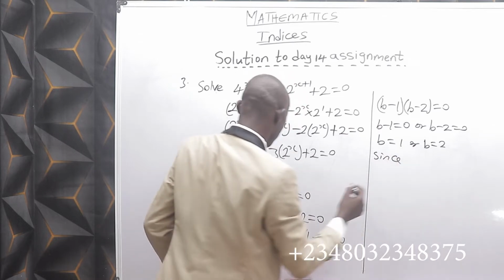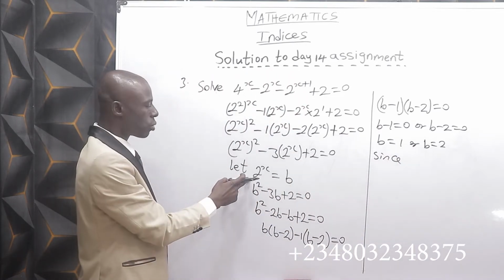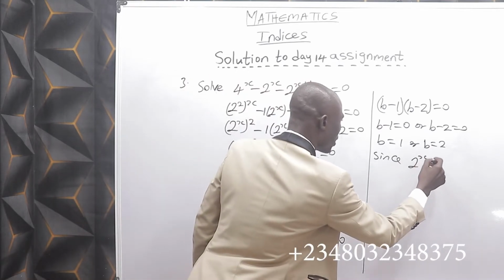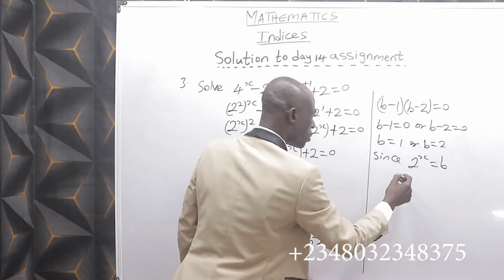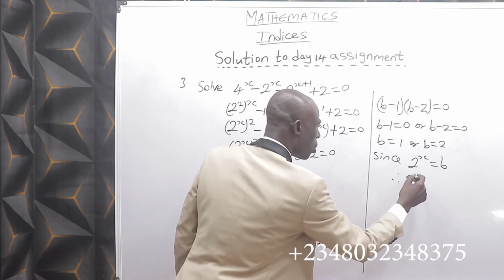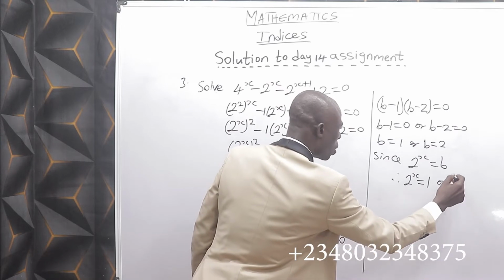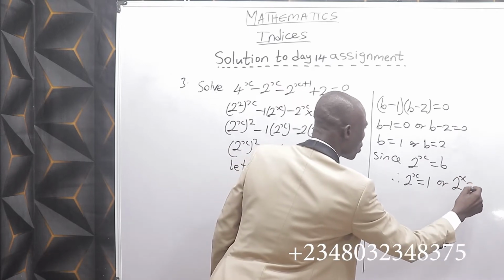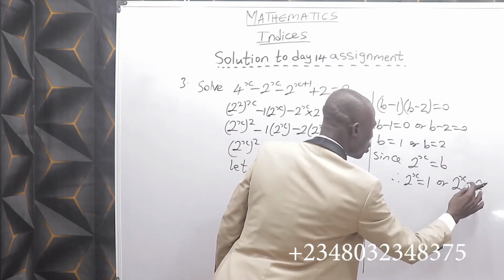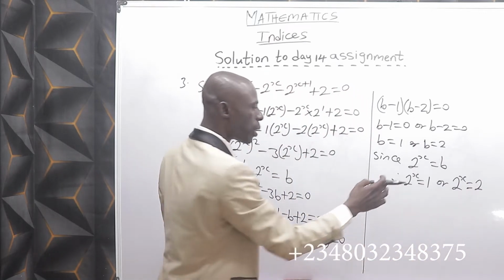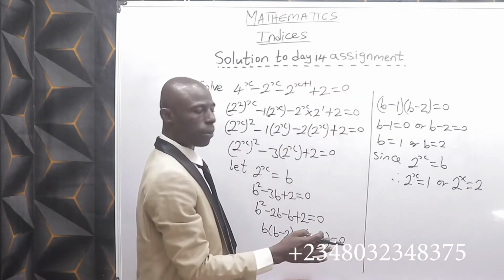Now come to the place where we use something to represent 2 raised to the power x. Since 2 raised to the power x is equal to B, therefore 2 raised to the power x is equal to 1, or 2 raised to the power x is equal to 2. We have B being equal to 1 at a point, B being equal to 2 at another point.